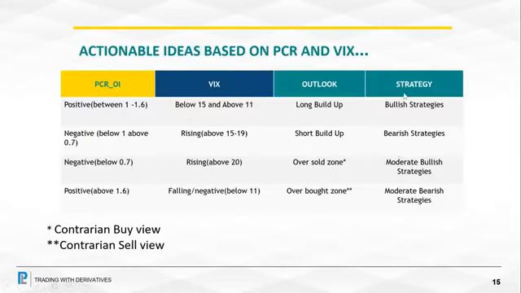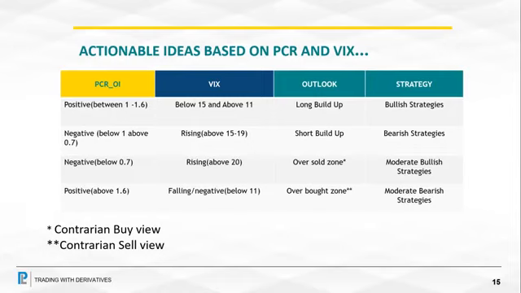So to conclude our PCR and VIX session today, we need to understand what actionable ideas one can take when dealing with PCR and VIX. Let me sum up a short range for everybody to understand what the actionable idea can be.